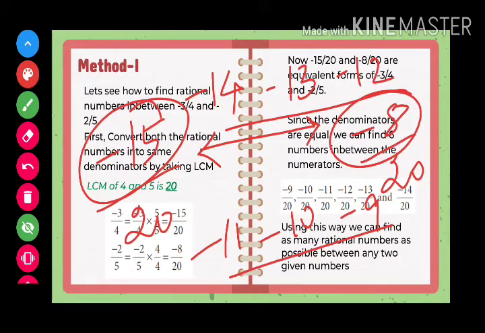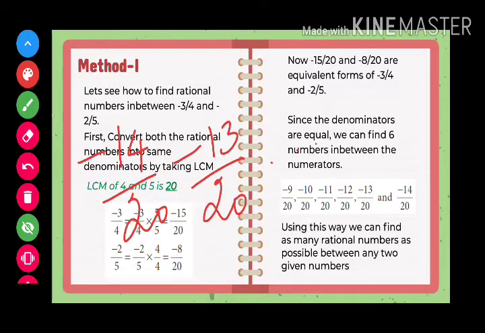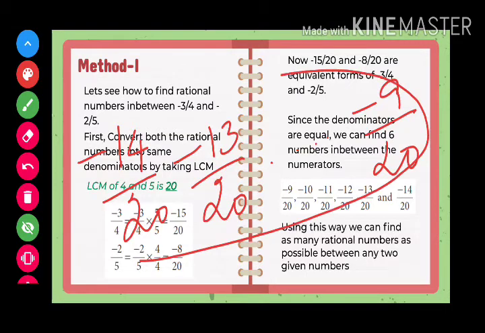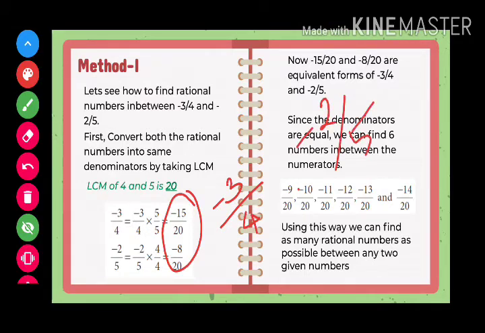Hence, as all the denominators are same, you can write these numbers as minus 14 by 20, minus 13 by 20, so on all the way till minus 9 by 20. So these are the numbers which exist between minus 15 by 20 and minus 8 by 20, otherwise minus 3 by 4 and minus 2 by 5. Now you all know how to find the rational numbers between any two given rational numbers.